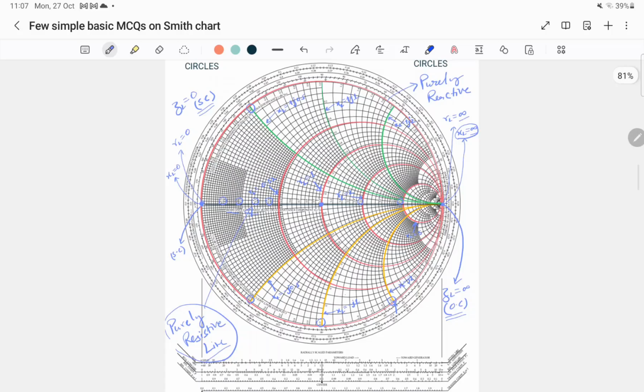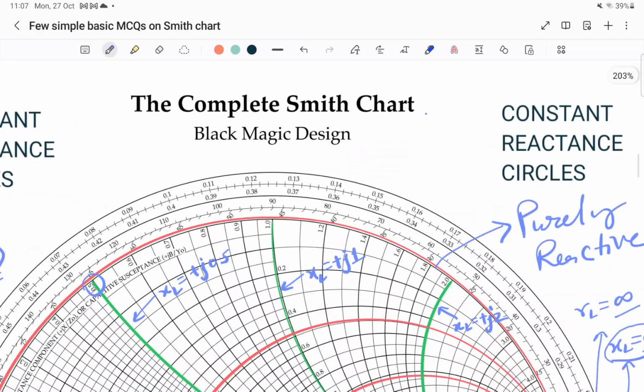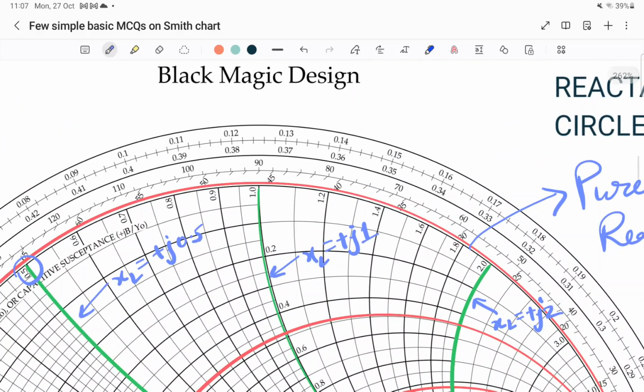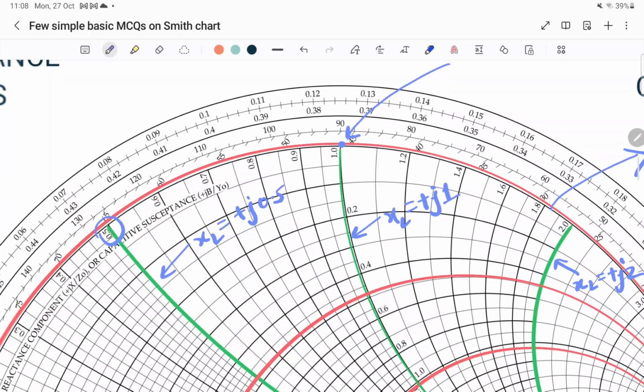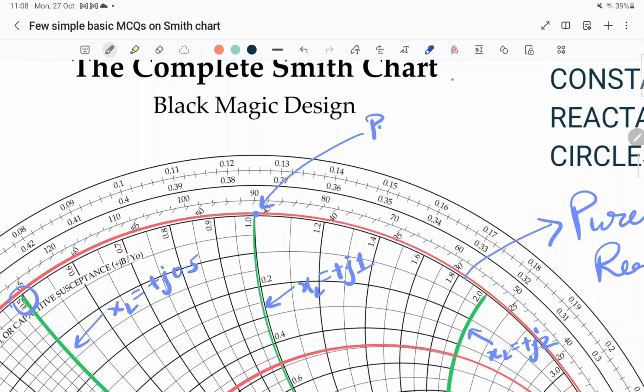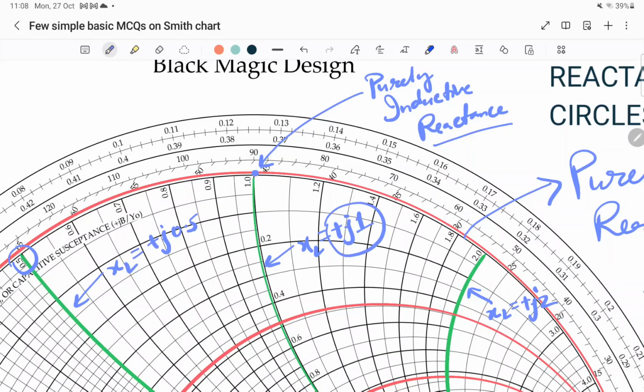Okay, all right. Now the last point in this circle, the point at plus j1, is called purely inductive reactance, and its value is plus j1.